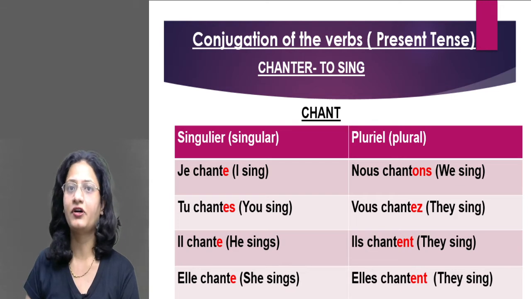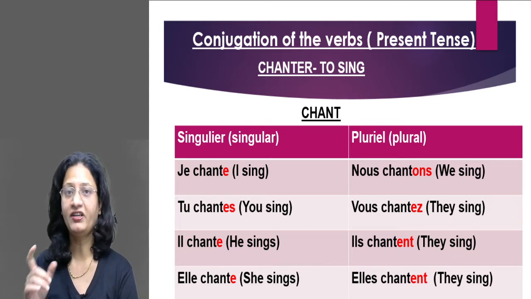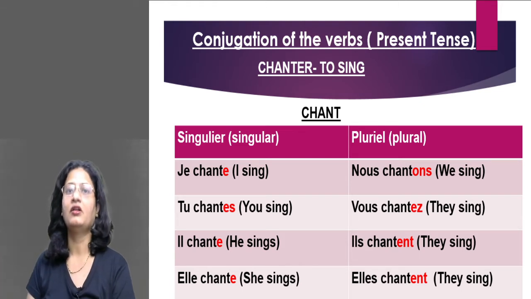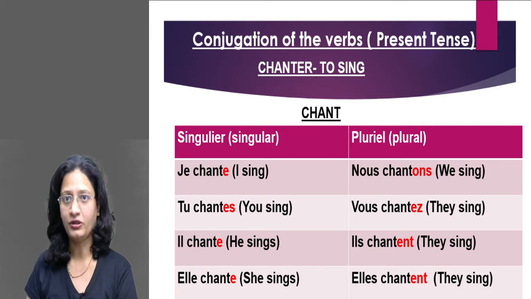Let's take the first verb, chanter. Chanter is in infinitive form. We remove the ER, we drop the ER and we take the stem CHANT. Then we conjugate that. When we conjugate with je, chante, we add E. For tu we add ES.